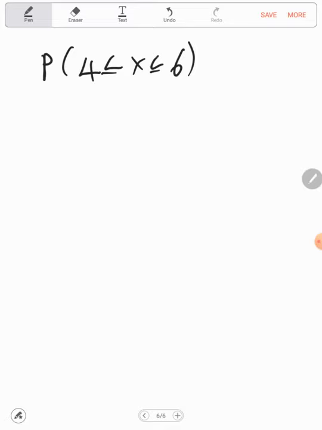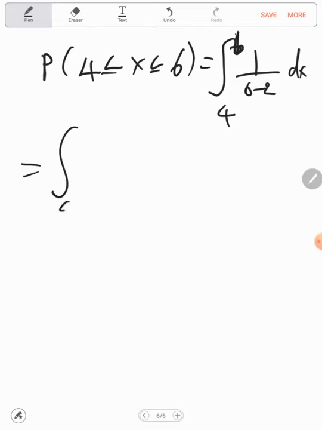To find this probability, we're going to have the integral between 4 and 6 of f of x, and we know our f of x is 1 over 6 minus 2, dx. Please revise your integration.